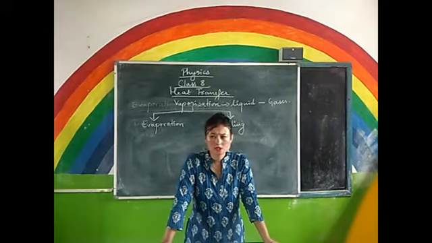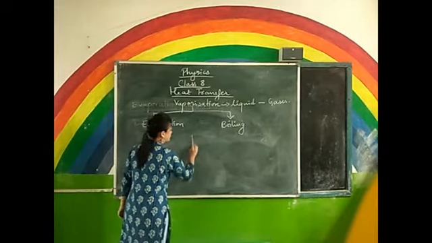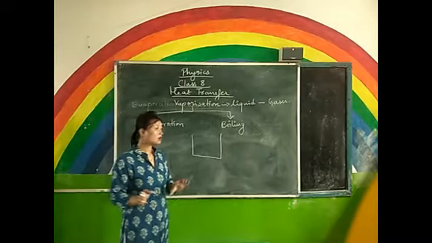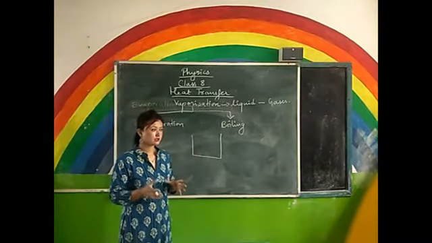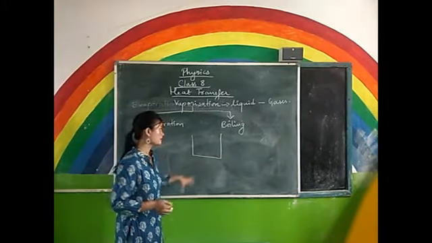Now, what happens during boiling is, say, you have a vessel and you need to supply heat for boiling. It doesn't absorb the heat from the surrounding. The heat has to be supplied for this.